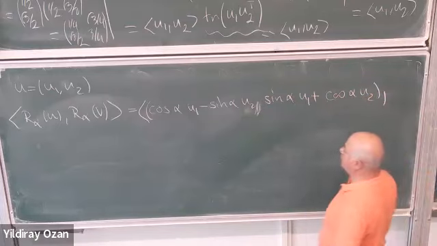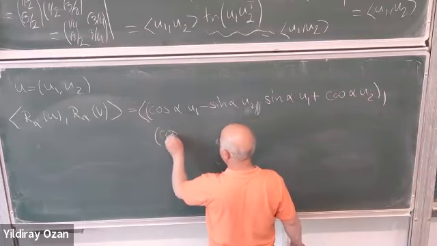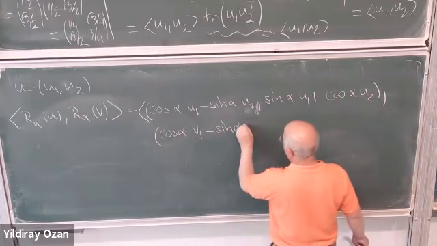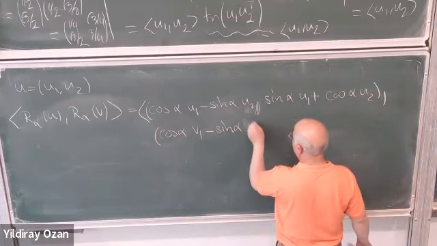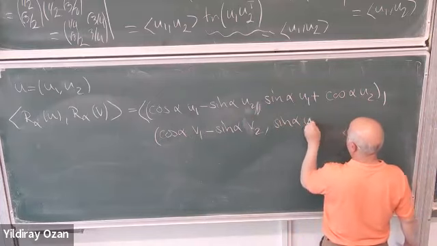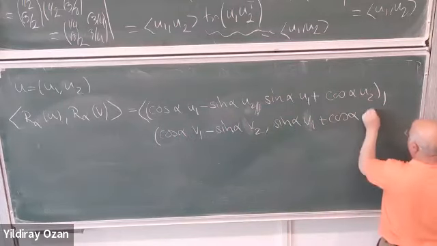Then we have another vector, same thing, but this time with v1 and v2.